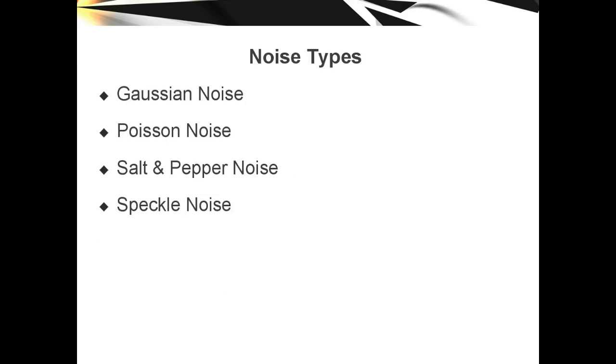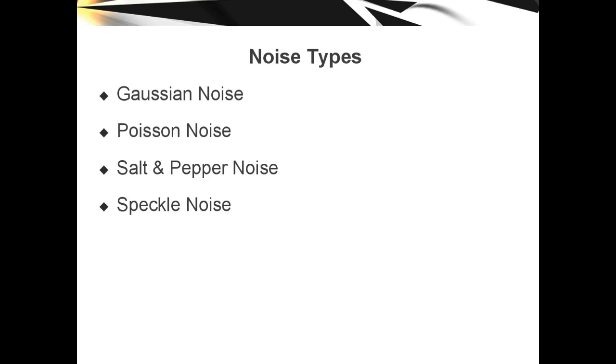Here are the four common noises that I implemented in the image processing test. There are Gaussian noise, Poisson noise, salt and pepper noise, and speckle noise. Gaussian noise's amplitude satisfies a Gaussian distribution, or a normal distribution, and Poisson noise is pretty much the same.